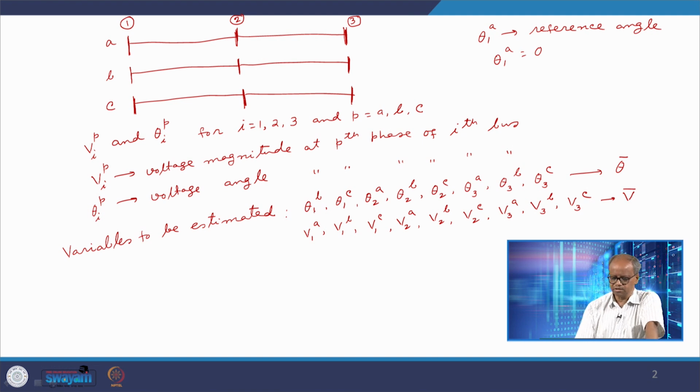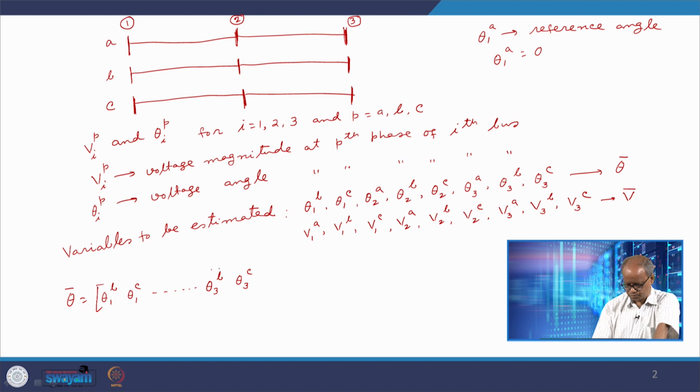My theta vector is theta 1 B, theta 1 C and so on up to theta 3 B, theta 3 C, transpose. How many quantities are there? There are 8, so it is 8 cross 1.